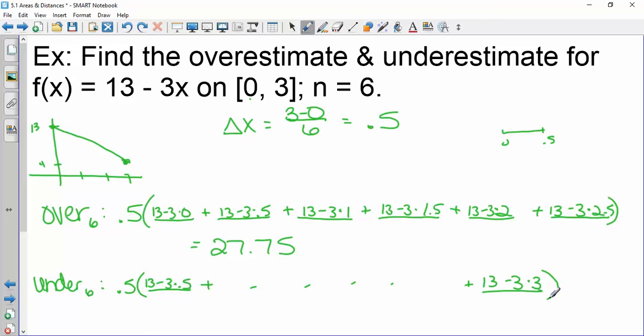So all you really need to do is change that first point, and what did you get? $23.25.